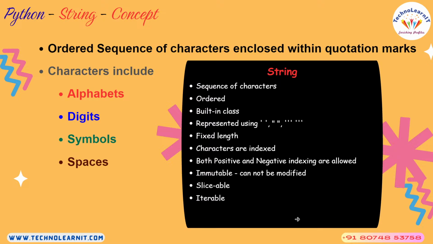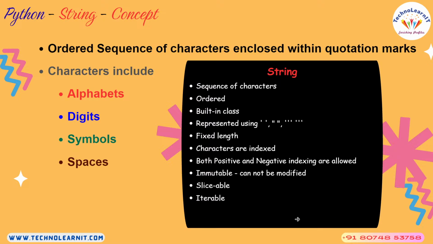Characters are indexed because these are ordered characters within a string. You can use indexing to access the individual characters, and it also supports both positive and negative indexing, just like a list. And strings are immutable. That means you cannot modify the content of a string once it is constructed. If you try that, another string will be created with a different id.